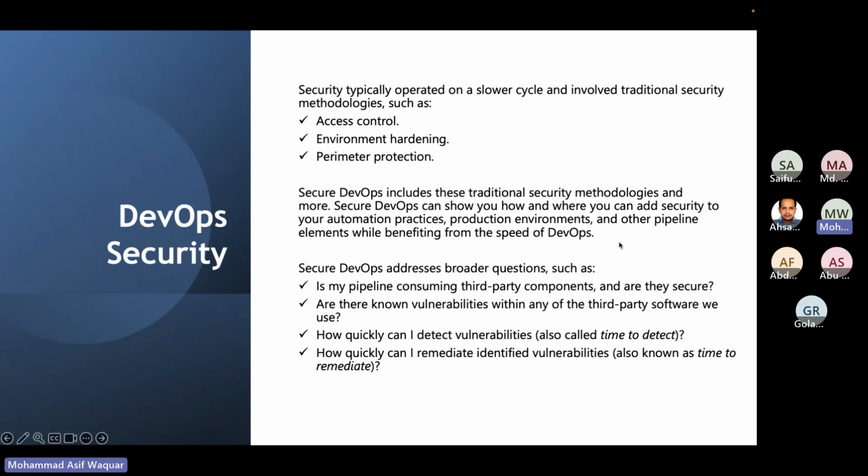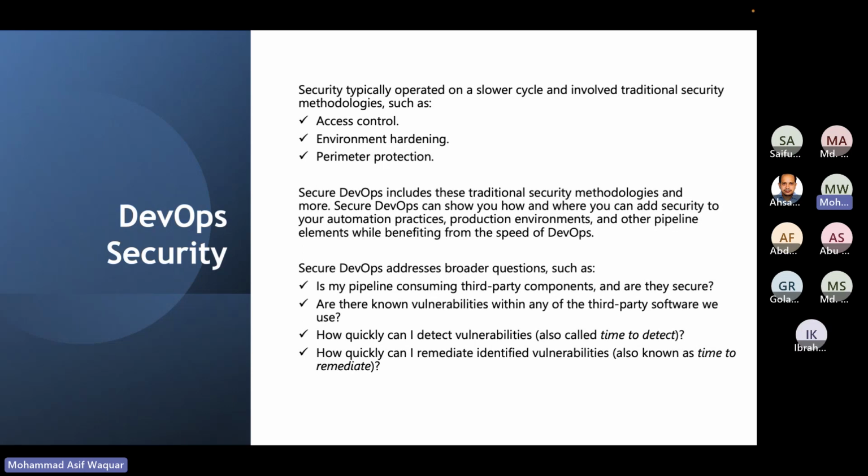So there are many things we need to address while doing secure DevOps, like: are my pipelines consuming third party components, are they secure, or are there known vulnerabilities in the third party software, and how quickly can we detect that, and how quickly can we remediate and resolve those vulnerabilities.